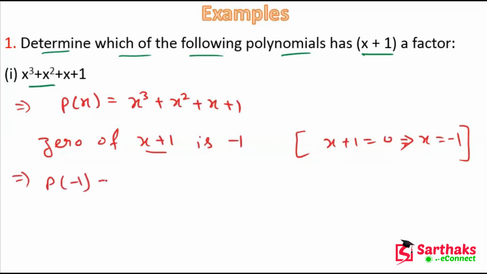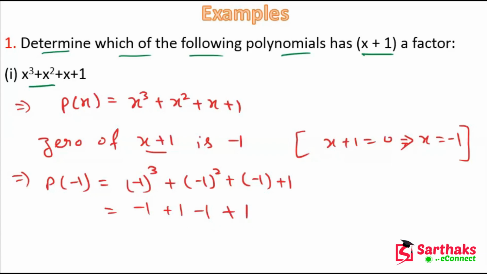p of minus 1 is equal to minus 1 cube plus minus 1 square plus minus 1 plus 1. Here we get minus 1 plus 1 minus 1 plus 1. This minus 1 and this plus 1 will be cancelled, and this minus 1 and this plus 1 will be cancelled. So we get 0.